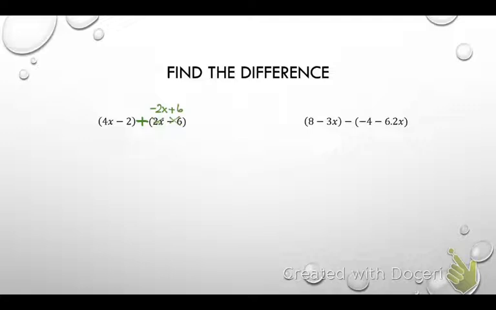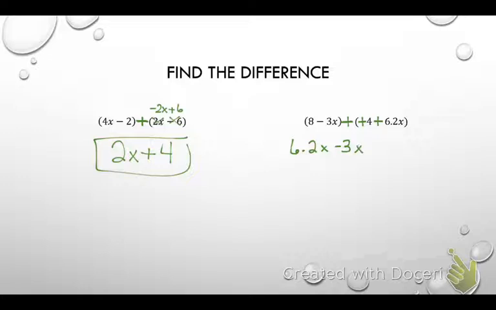So 4x minus 2x is what? 2x. Negative 2 plus 6? 4. Positive 4. Okay, so 2x plus 4. Now, again, I've got to change my signs. This becomes a plus, this becomes a plus, and this becomes a plus. So now I can group my x's. 2x minus 3x.